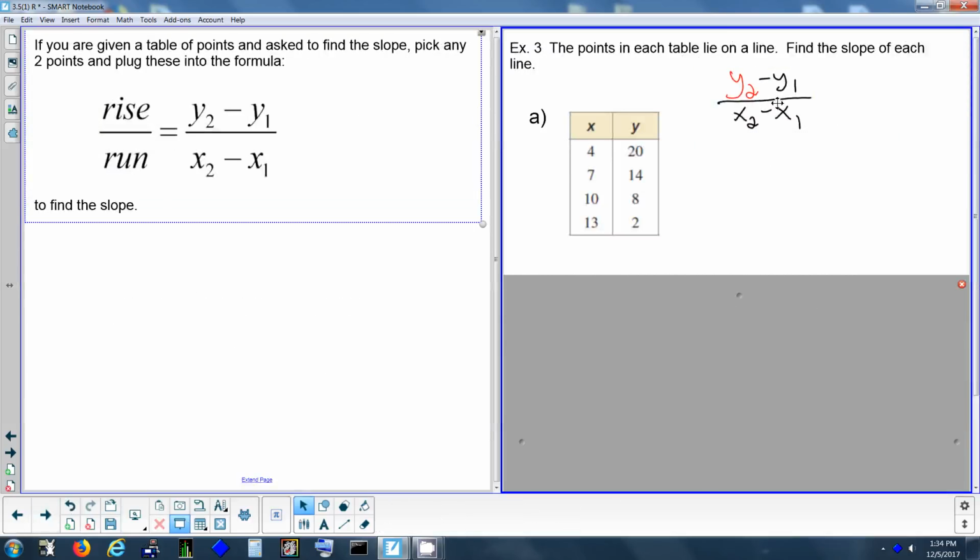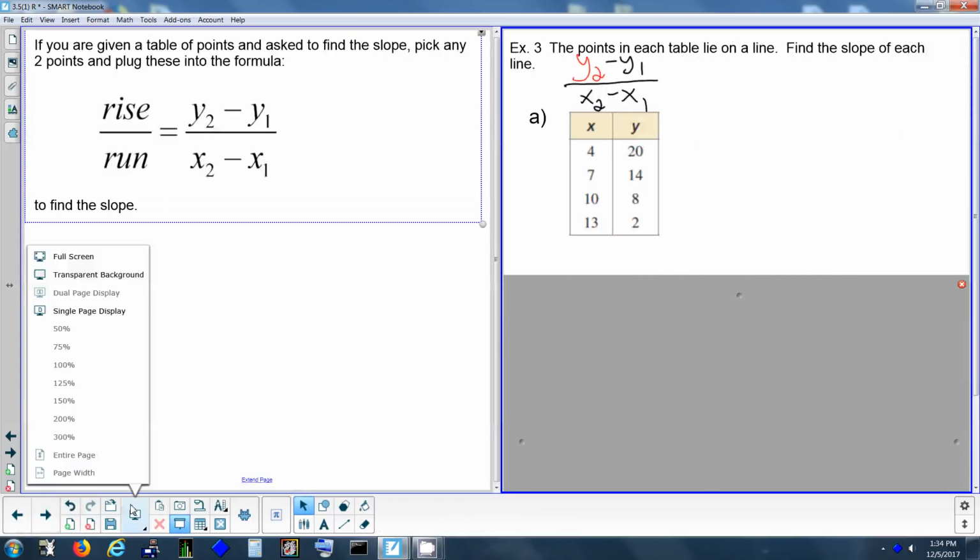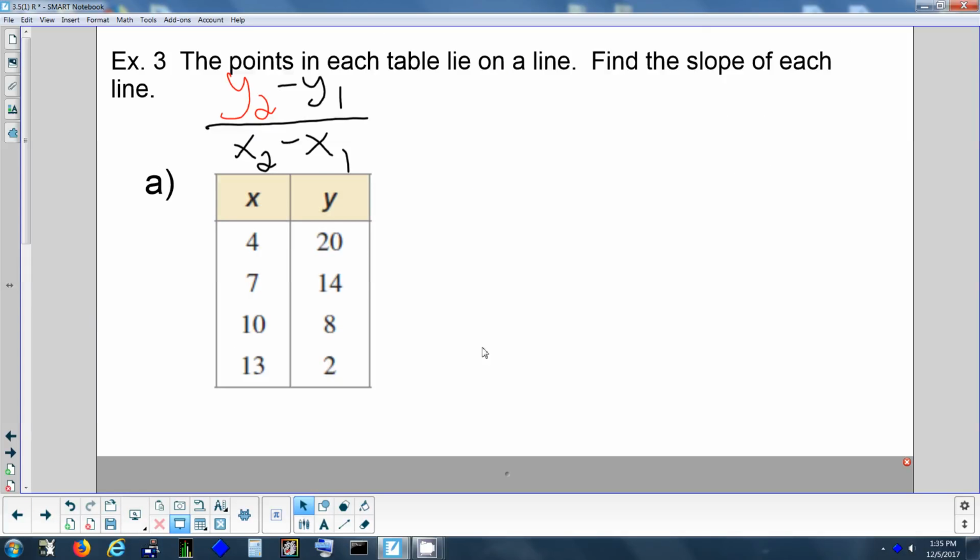You have to write them in on the chart in your notes. Give me a coordinate you want to use. 7, 14. And another? 13, 2.